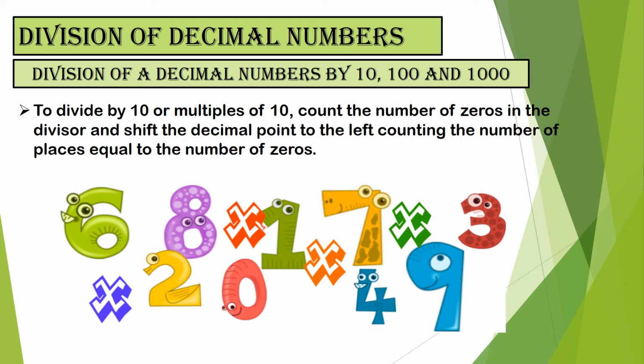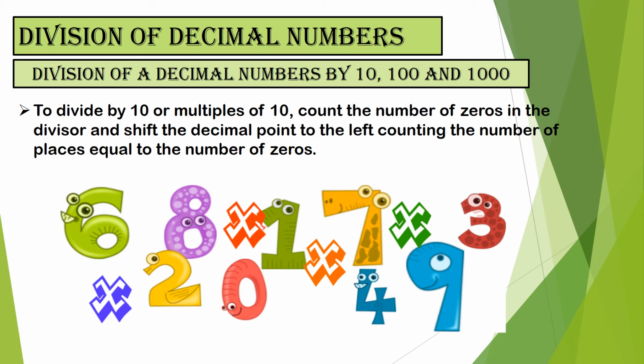Division of decimal numbers. Division of decimal numbers by 10, 100 and 1000. To divide by 10 or multiples of 10, count the number of zeros in the divisor and shift the decimal point to the left, counting the number of places equal to the number of zeros.